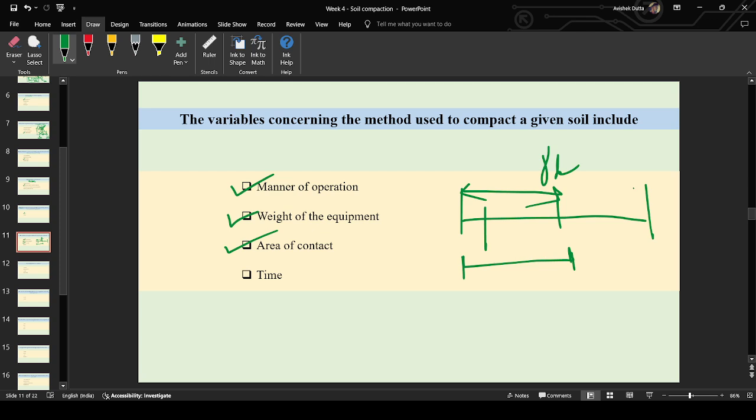Till this point I agree with your statement that it is not like the longer we do it, the better the compaction. But till a particular magnitude of dry density is being reached, till then we need to take care of the time, right? We need to go towards it, isn't it?